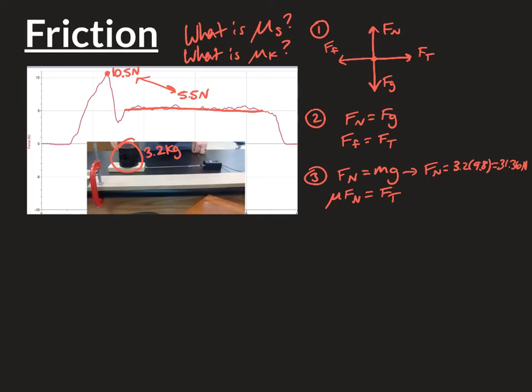And then now that I have the normal force, well, let's look at my other equation. Well, I know normal force now is 31.36 newtons. I'm looking for the coefficient.